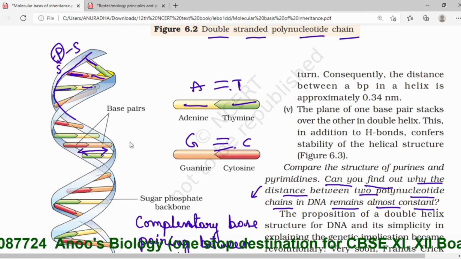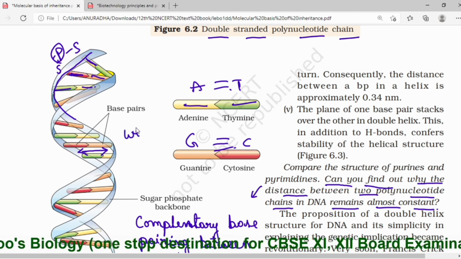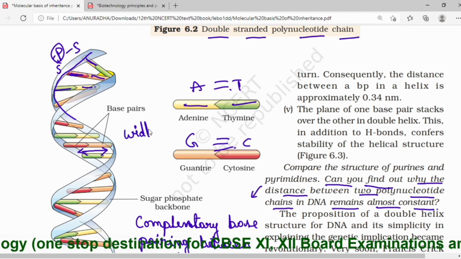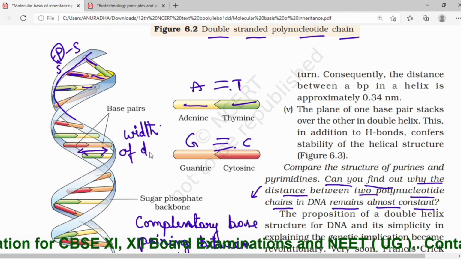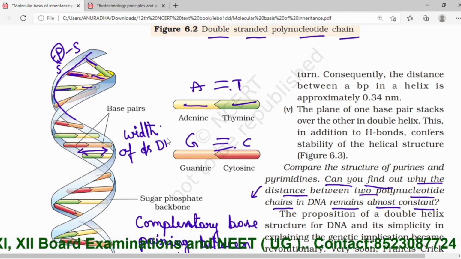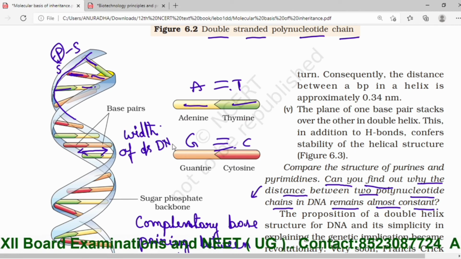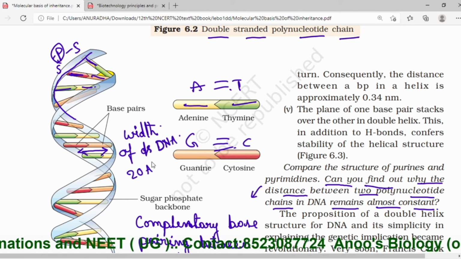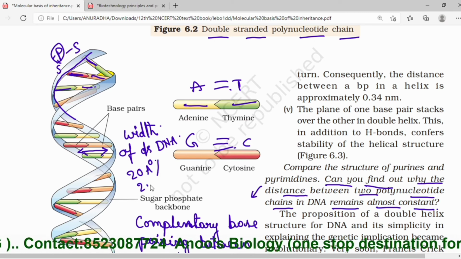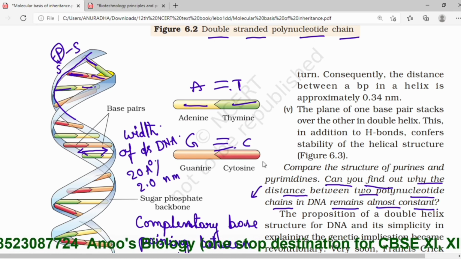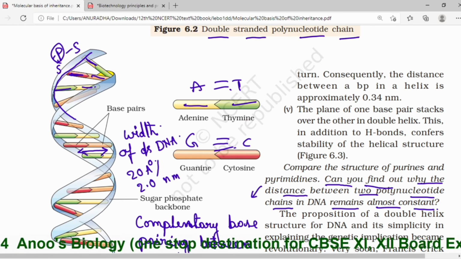This distance also represents the width of double helical, double stranded DNA, that is 20 angstroms, which is always constant, or we can say 2 nanometers. So this is the answer for this question.